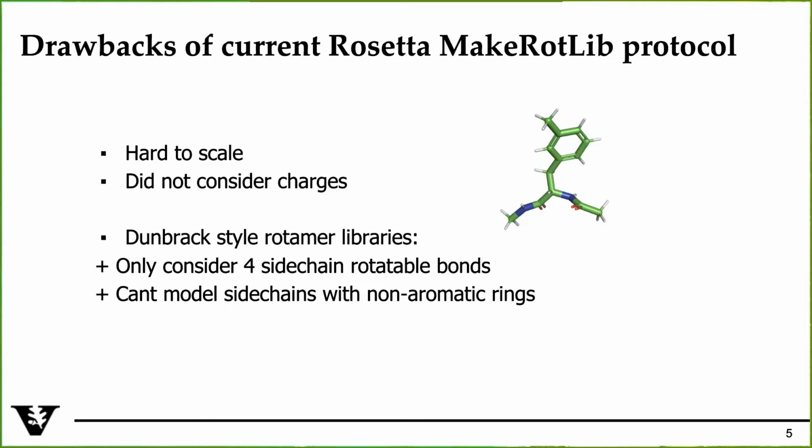And sometimes when the non-natural amino acid has a non-aromatic ring, it doesn't really have a means to represent that. The current make-rot-lib protocol is also pretty labor intensive, so it's hard to scale and generate the rotamer library and params for hundreds of non-natural amino acids in a short period of time. And currently the protocol doesn't really consider charges.